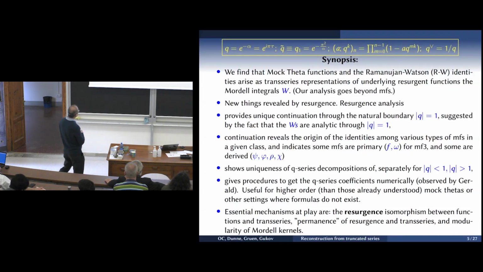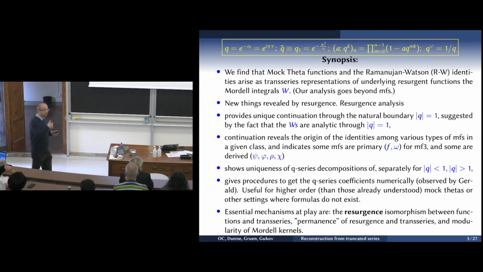So we have this unique continuation. The unique continuation is crucial to something that is quite surprising in some ways, that this continuation reveals the origin of the identities among these various types of mock thetas. So the identities of Watson generalized to mocks 5 and 7 and 10 and whatnot. They all come as trans-series representation on the other side.